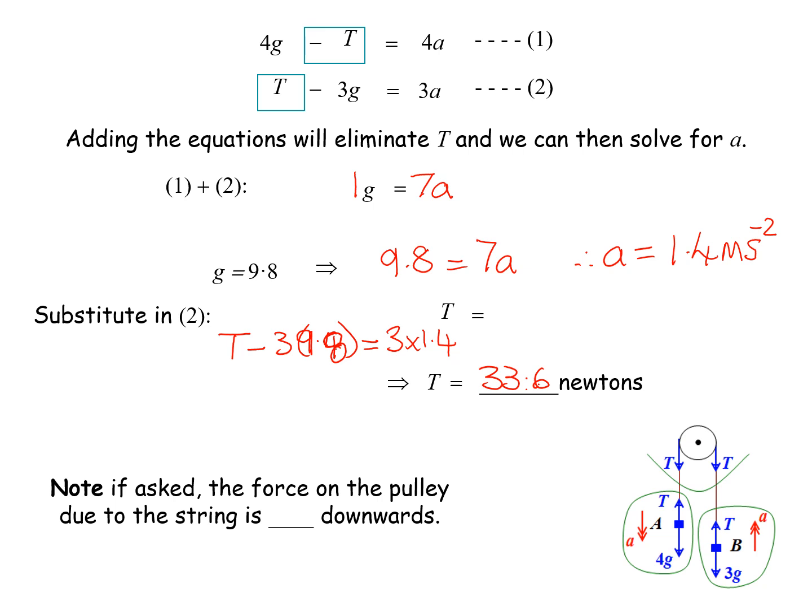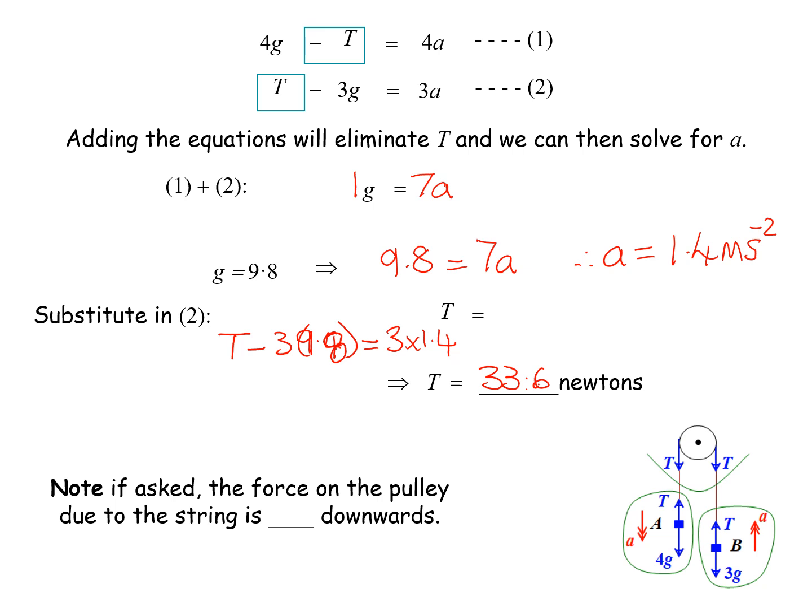As you can see here, hopefully you can see, you get A is 1.4, and that's the first entry, and the second entry, which would be our t value, is 33.6. Hope that shows in the video.